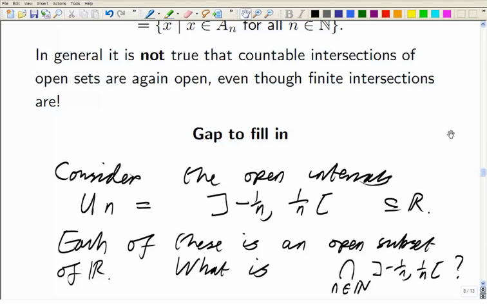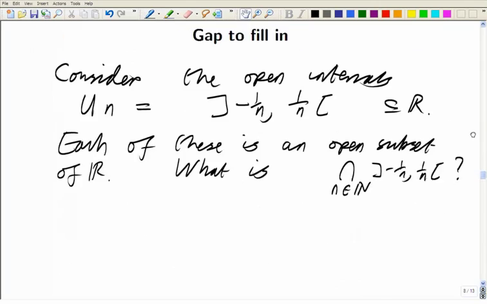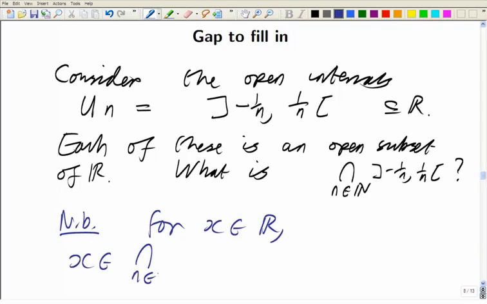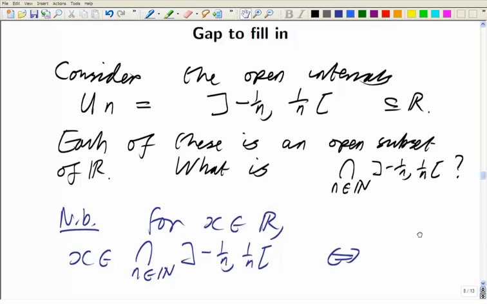And I'll just give you a hint. x is in the intersection of these, I'll just remind you of the definition, if and only if the following statement holds about x.